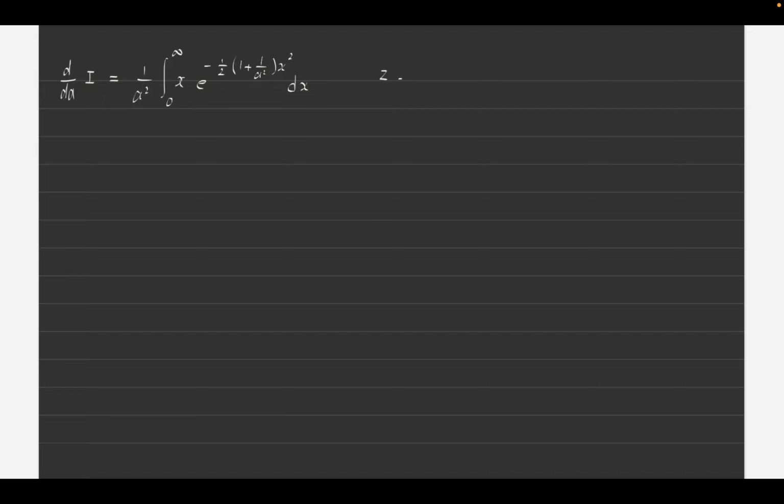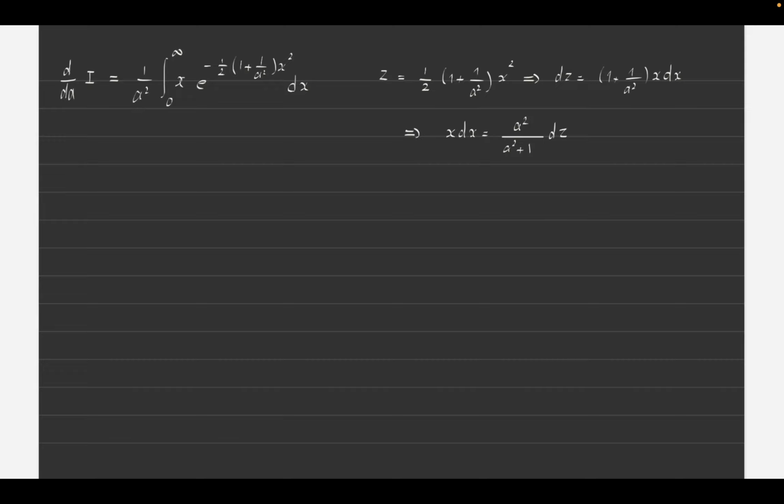So let us say that z is equal to 1 over 2, 1 plus 1 over a squared, x squared, then it means that dz becomes equal to 1 plus 1 over a squared x dx. So this means that x dx becomes equal to a squared over a squared plus 1 times dz, simple algebra.